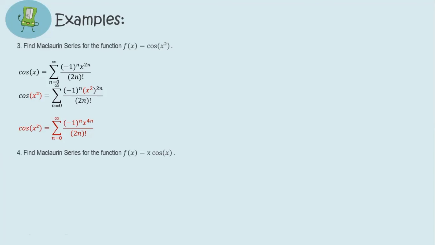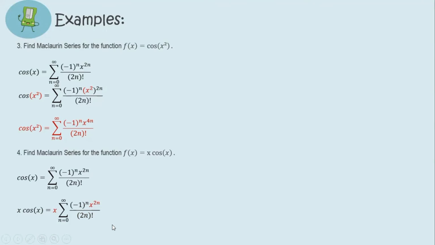Next example is find the Maclaurin series for the function f of x is equal to x cosine x. So like earlier, copy the Maclaurin series of cosine x. Then since it is x cosine x, we put x here.